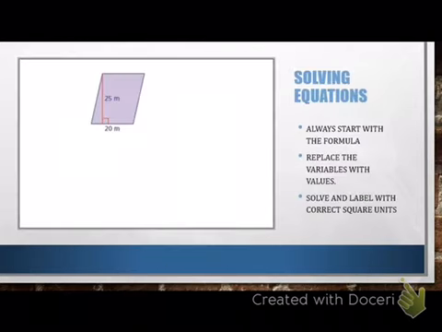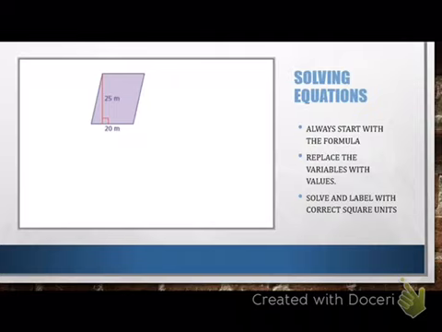Another thing I want you to remember when we're solving equations is, number one, we will always start with the formula. Even if you think you know it really well, always start with the formula. Then we will replace the variables in the formula with the values given. We will solve and label with correct square units.